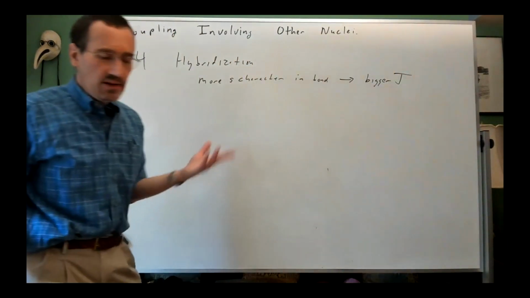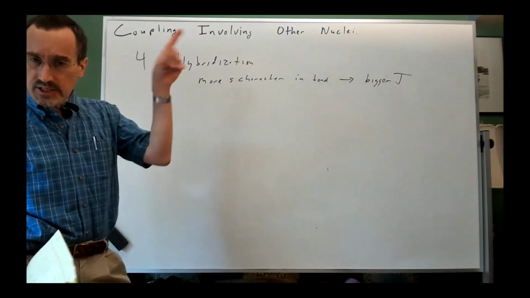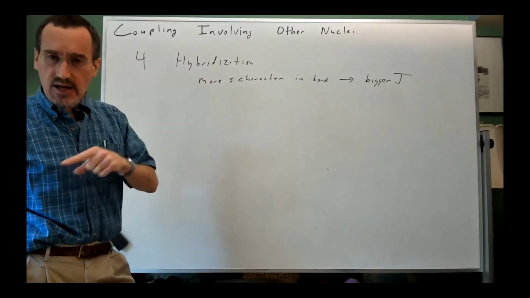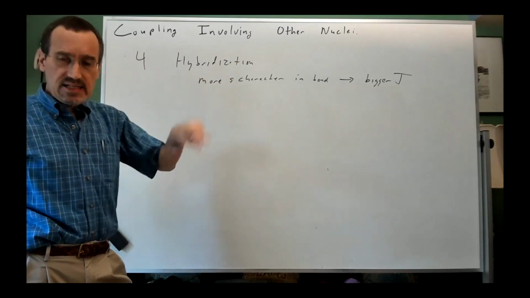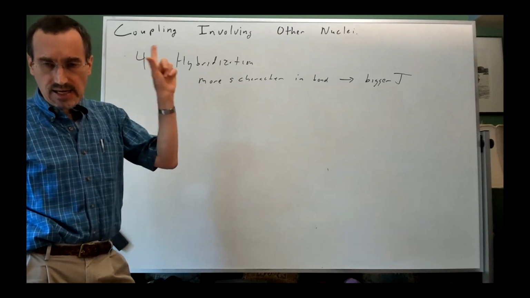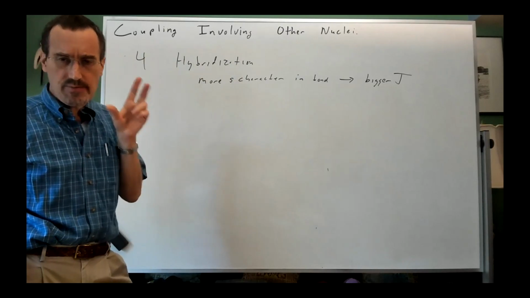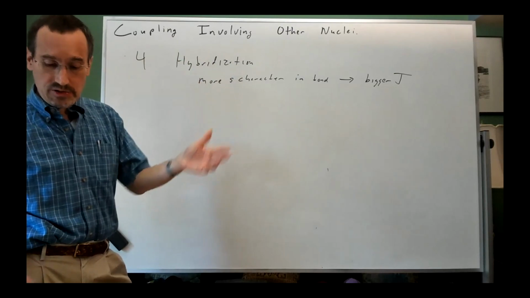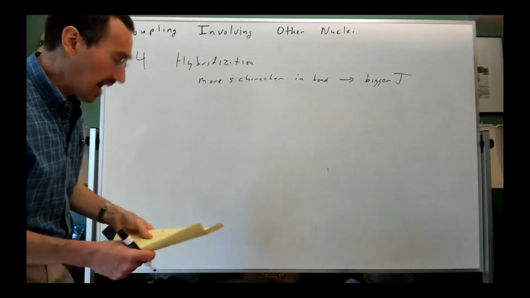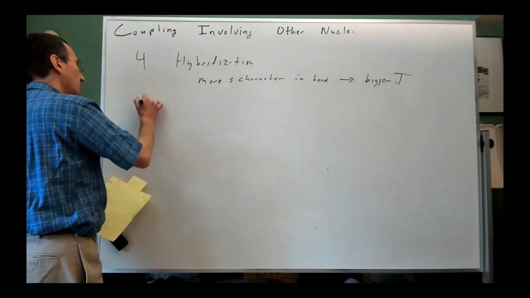An example of that you've already seen is the trans coupling on an alkene is about 17 hertz, but the anti-periplanar coupling like H-axial to H-axial on sp3 carbons in a cyclohexane ring might be 10 hertz or maybe 11 hertz tops. So more s character in the bond makes a difference.